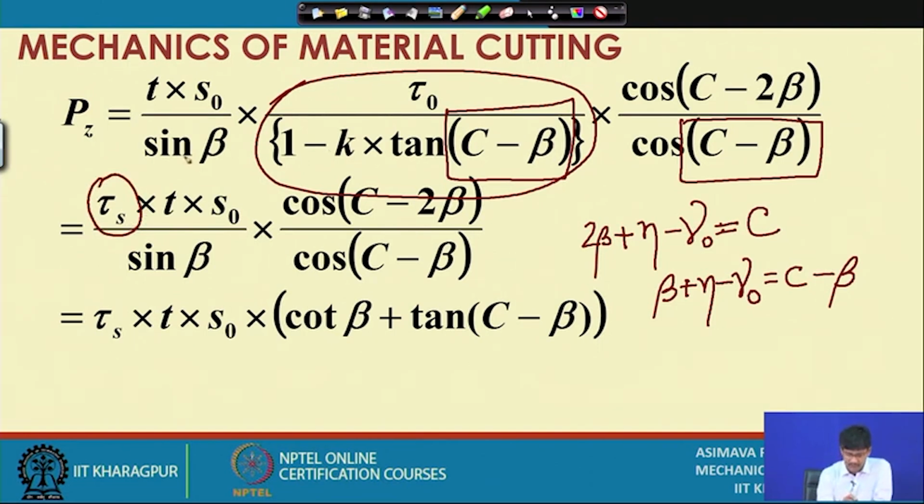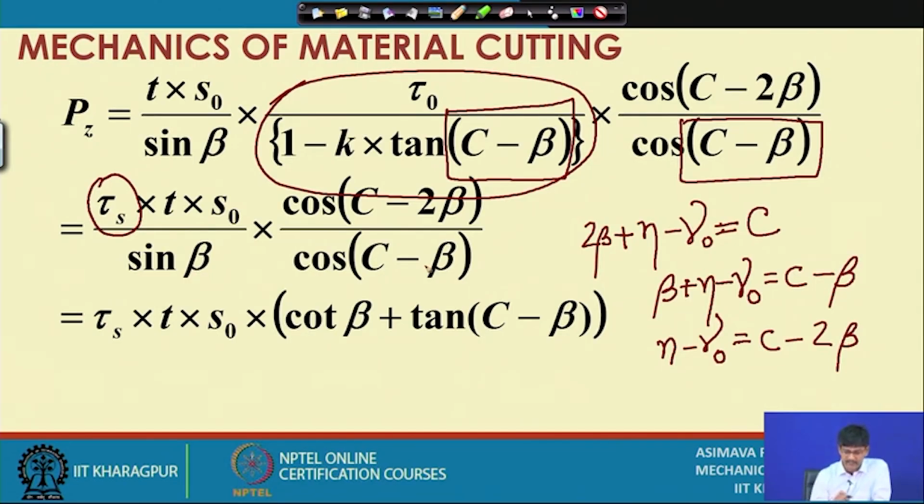So that we have left over sin beta here, cos of (C minus beta) from the other side of the denominator coming here, and of course, previously we had cos of (eta minus gamma O) here, which gets replaced by cos of (eta minus gamma O), which is naturally equal to C minus twice beta, that we have replaced here, and therefore, we get this particular expression.